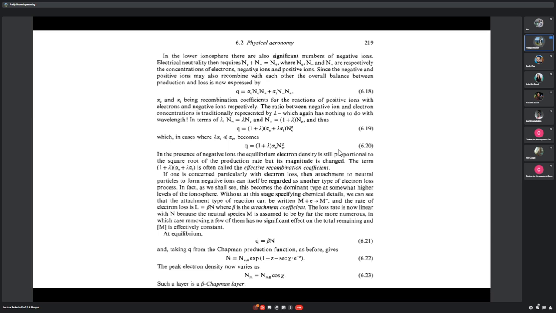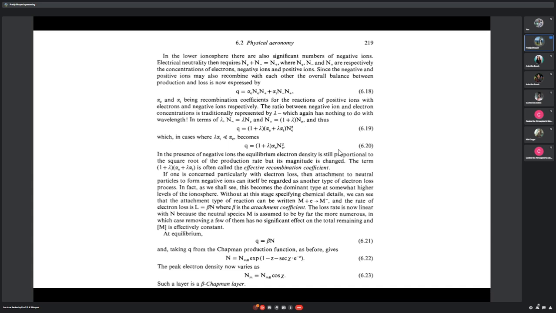N minus and N plus are the negative and positive ions combining together, okay?